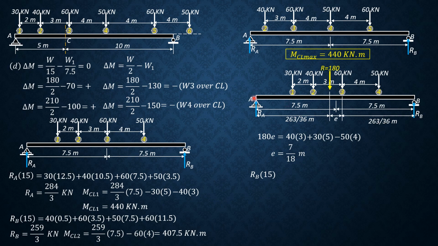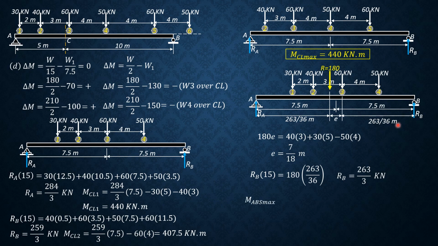So summation of moment about A equals 0. To solve for absolute maximum moment, it is RB times 263 over 36 minus 50 times 4. That's our working equation. So solving for RB times 15 equals 180 times 263 over 36. So R sub B is 263 over 3 kilonewtons.